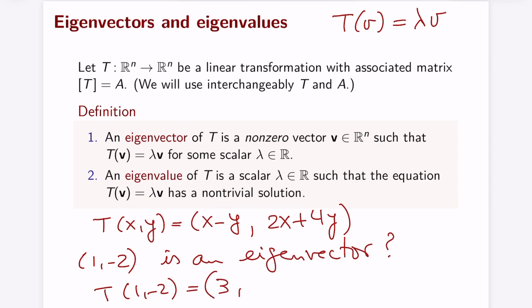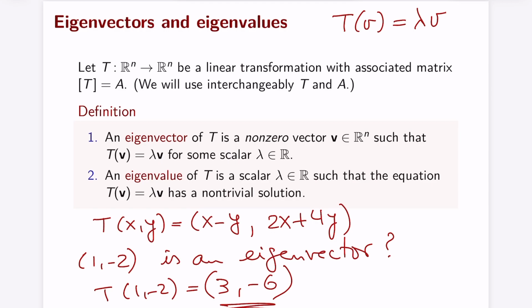And the other one is 2x plus 4y. In this case it will be 2 times 1, which is 2, plus 4 times -2. So that will be 2 minus 8, which is -6.